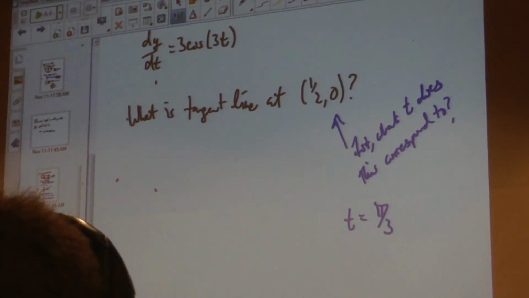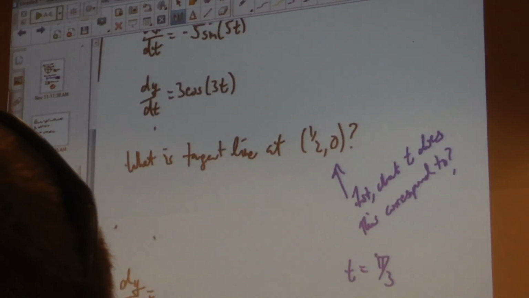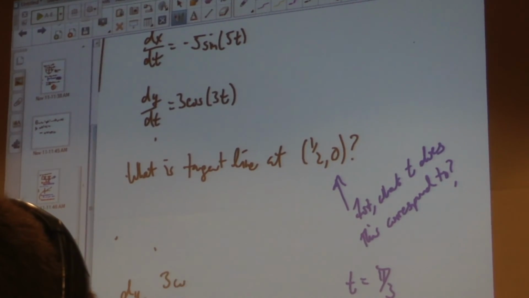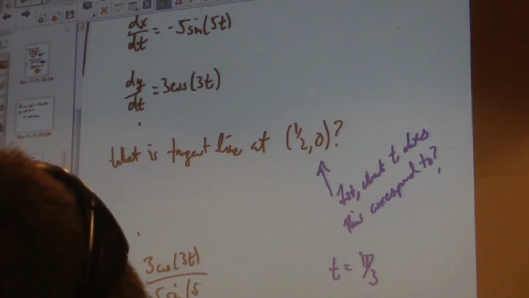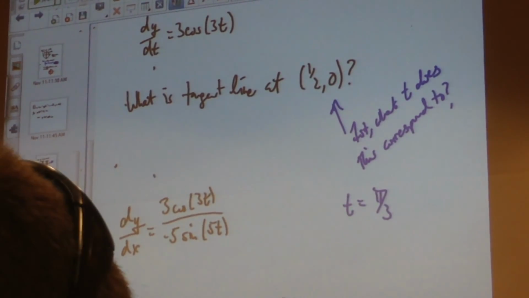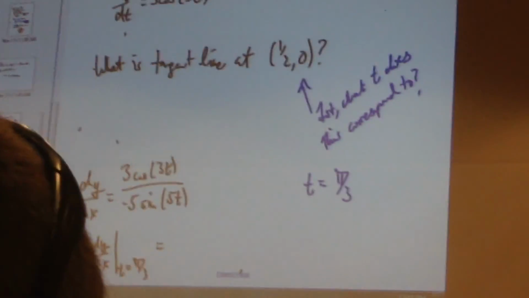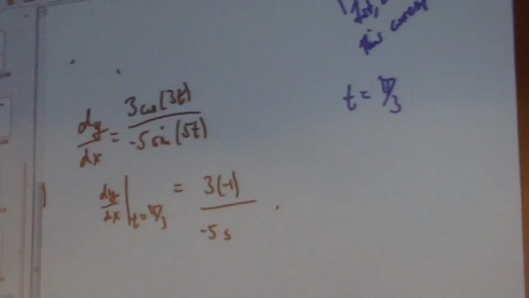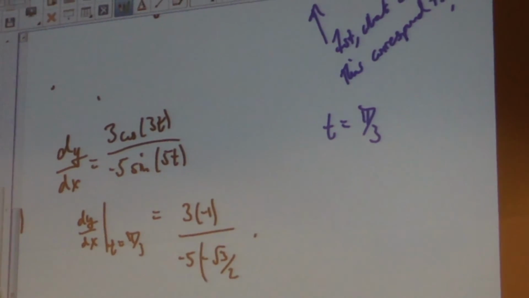Okay, so anyway, find the t, then dy/dx is 3 cosine 3t divided by negative 5 sine 5t, and so dy/dx at t equals pi over 3 is 3 times the cosine of pi, which is negative 1, over negative 5 times the sine of 5 pi over 3, which would be negative 3 over 2.